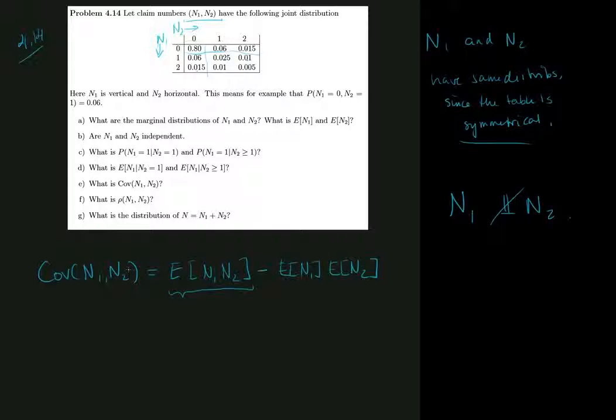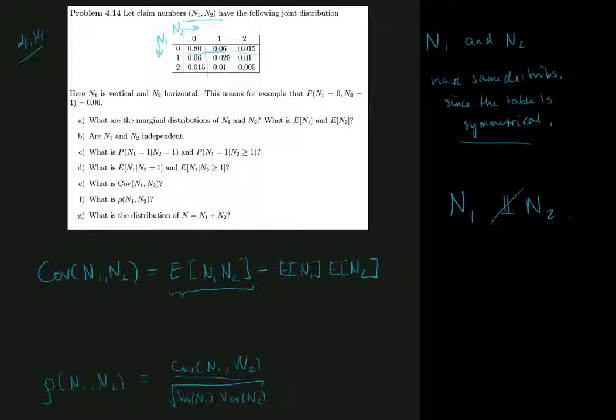Now, after we have found the covariance, we will need to find the correlation. And the correlation of N1 and N2 is defined as the covariance of N1 and N2 divided by the square root of the variance of N1 multiplied by the variance of N2.